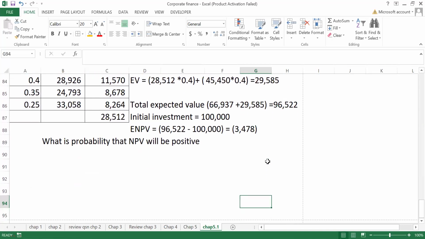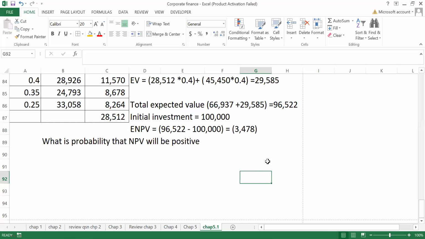There is a high chance that the NPV is going to turn out positive. Although we have a negative, you have a high chance that the NPV will be positive, and we end up rejecting the project.